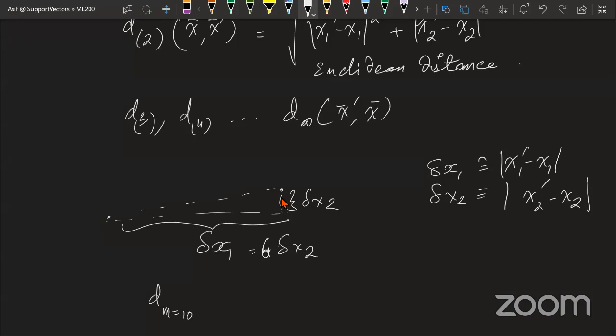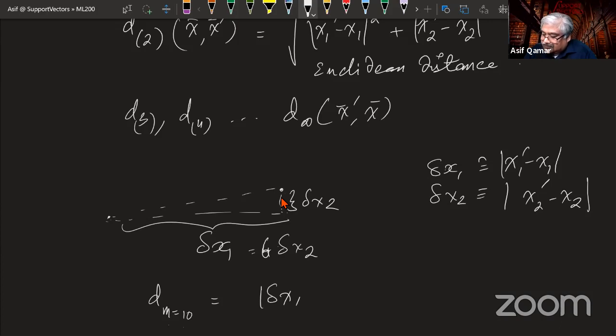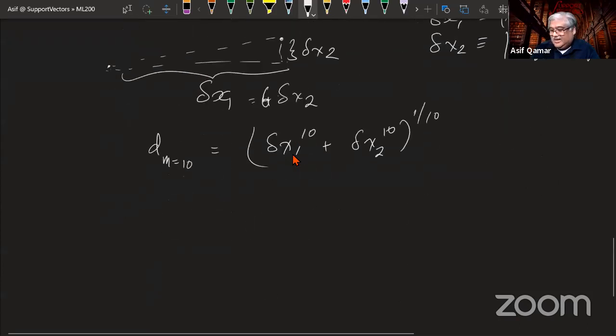So if you look at m equal to 10, you're saying delta x1 to the power 10 plus delta x2 to the power 10, the whole thing to the power 1/10. And see something beautiful that happens.